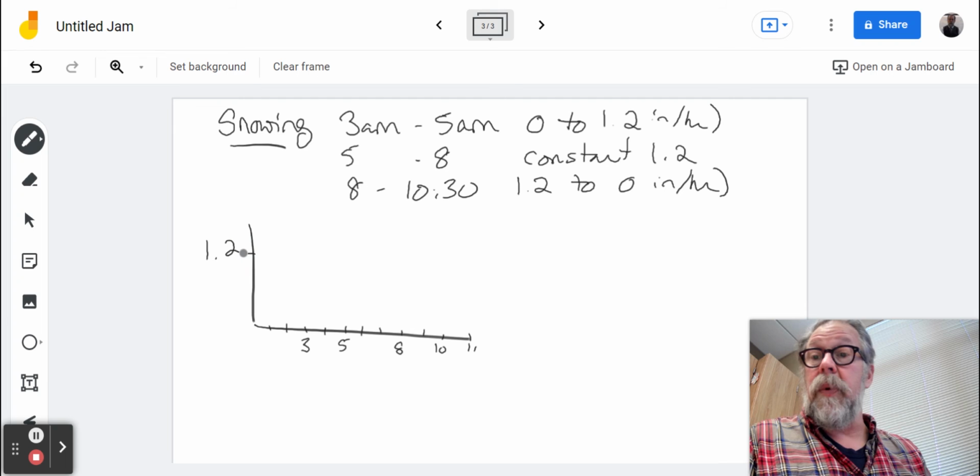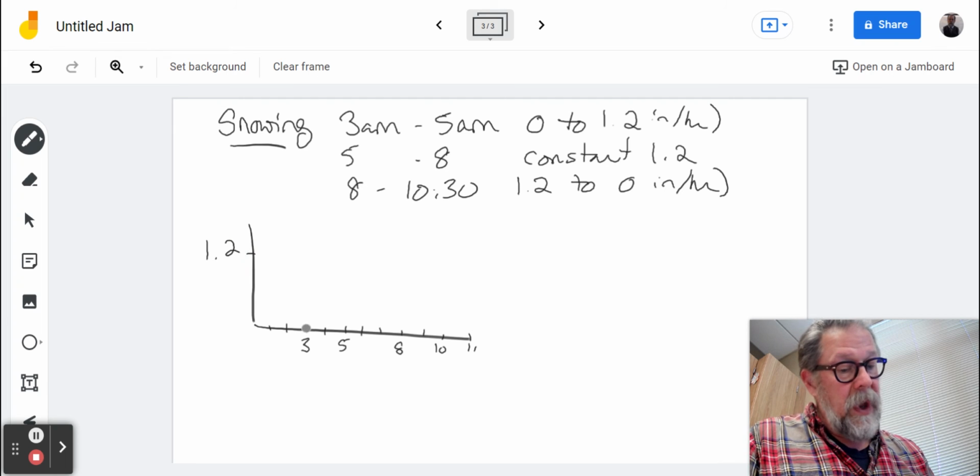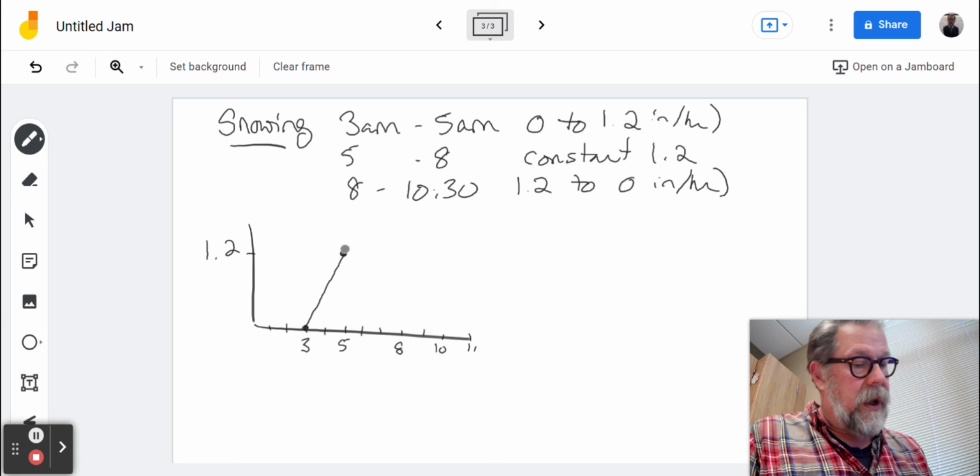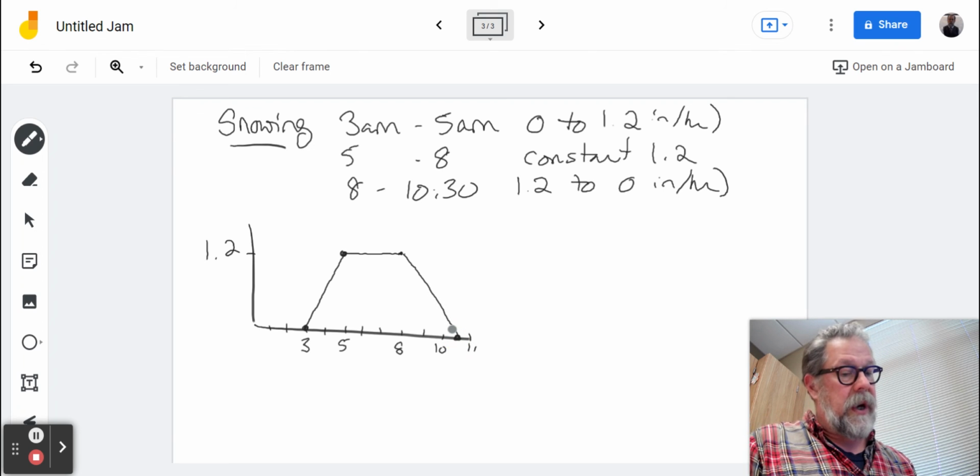And here's 1.2 inches per hour. So it starts at 0 here, ends at 5 o'clock there, and then is constant until 8 o'clock right there, and then decreases in a linear fashion until 10:30 right there.